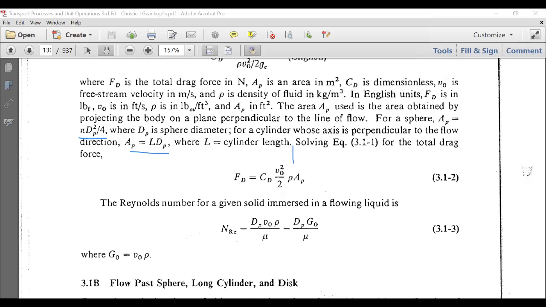Well, actually, the surface area for a cylinder is dp times pi times L plus 2 times pi times dp squared over 4. It should be like that, right? Now, why?